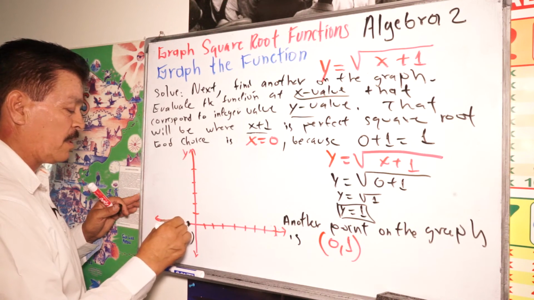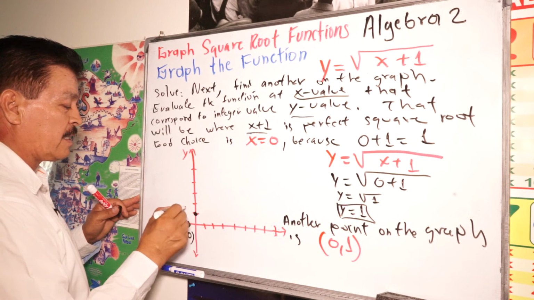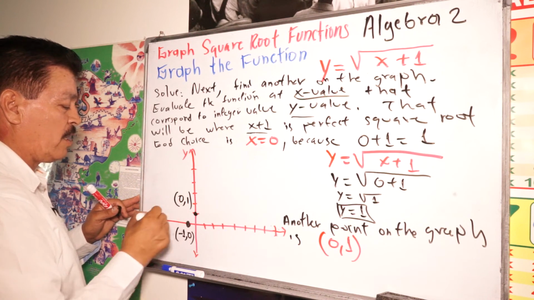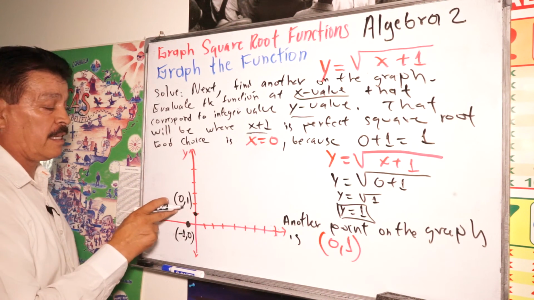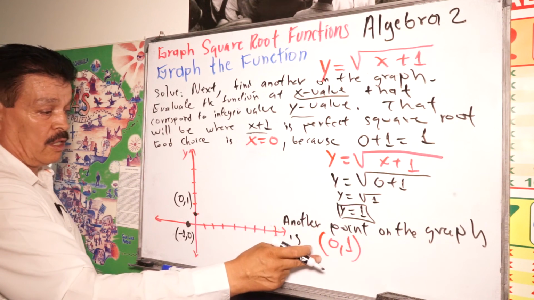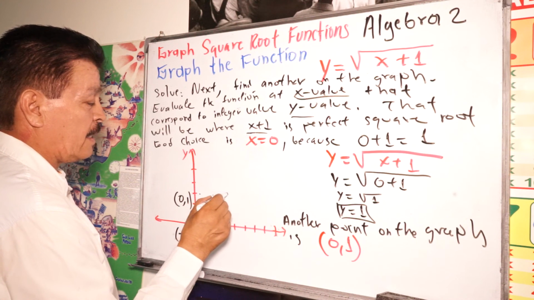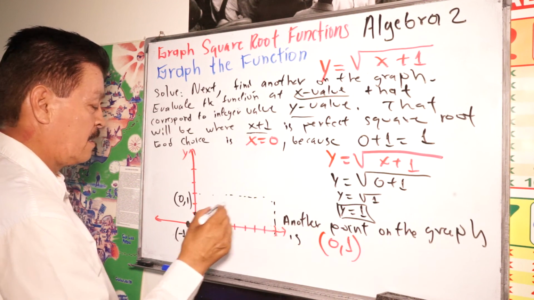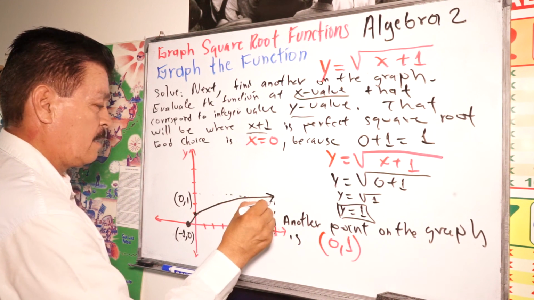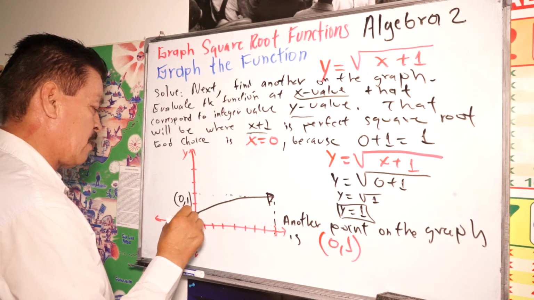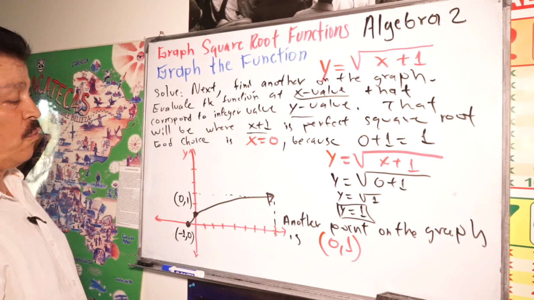This is our first point. The second one is 0, 1, right here. So one point was negative 1, 0, and the second one is 0, 1. So our graph will run like this. This is our graph, the square root function.